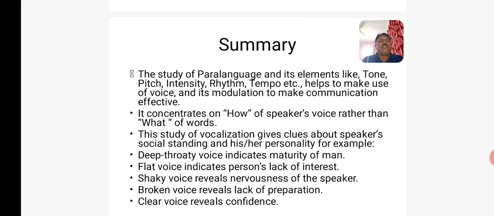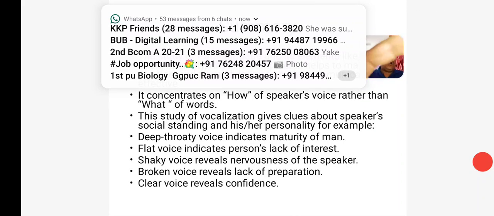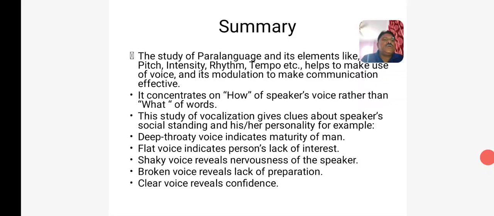This is a very important quotation. This study of vocalization gives clues about the speaker's social standing and personality, whether they are mature, whether they lack interest, whether they are more confident or nervous, whether they are aggressive, whether they are shy. We will come to know all these things through the study of paralanguage.